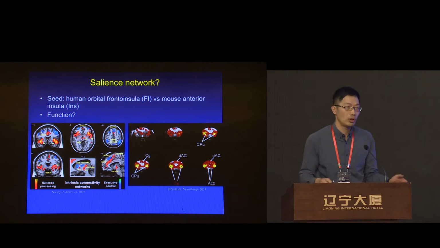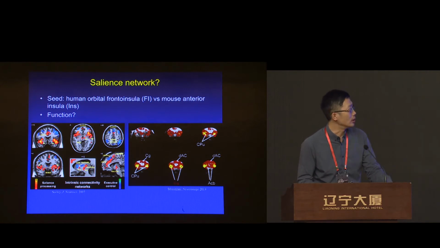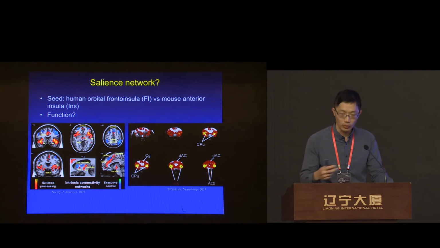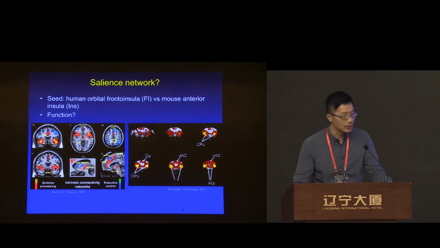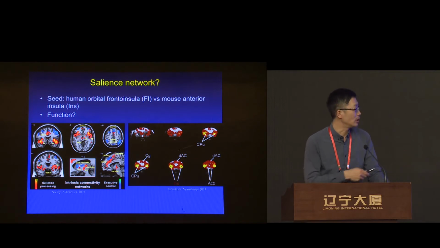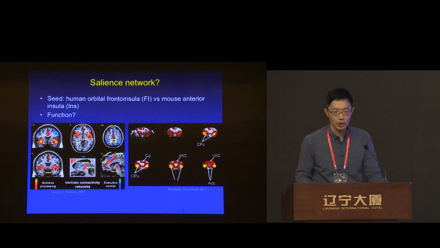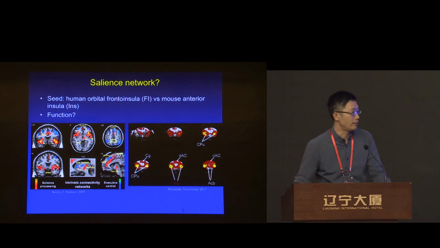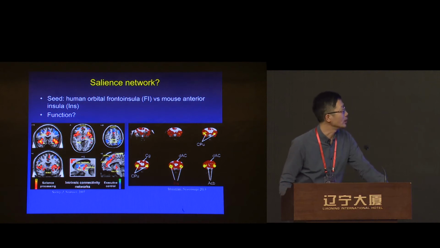But we still don't know what it does in the rodent brain, so it needs to be investigated. Also, other large-scale networks, for example the executive control network, haven't been identified in rodents. So work needs to be done.